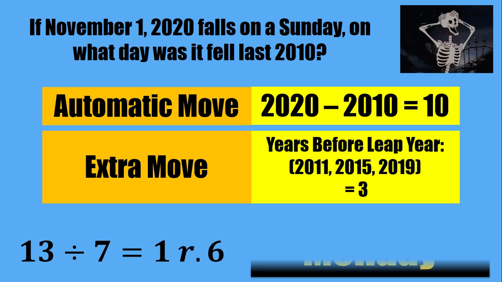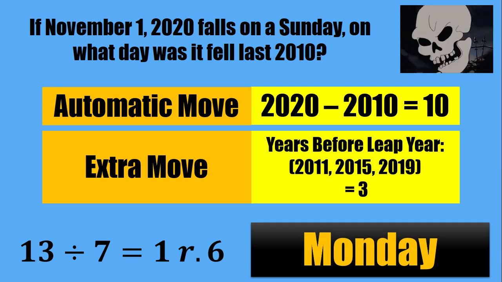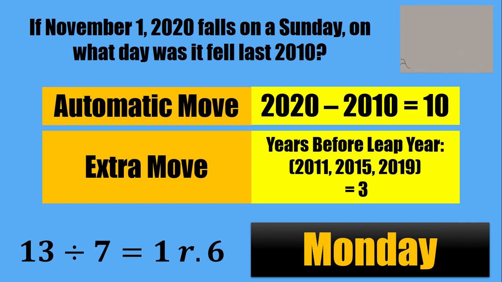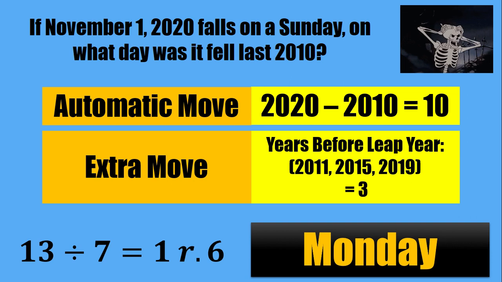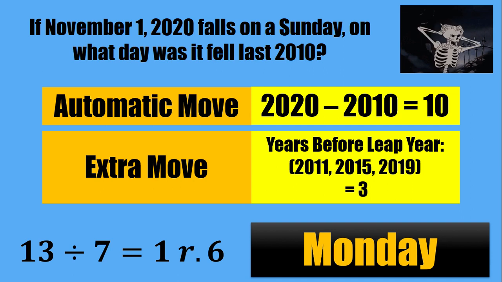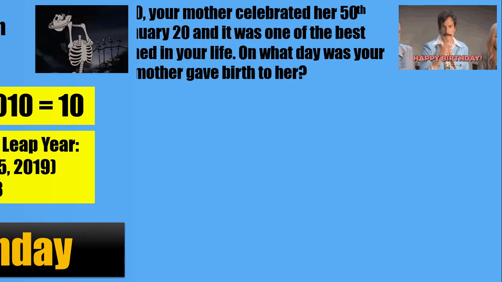And the answer to that is Monday. So here, we need to consider that we should move backwards since we are looking at the past. And again, you can verify this in your calendar. November 1, 2010, the answer here is Monday.